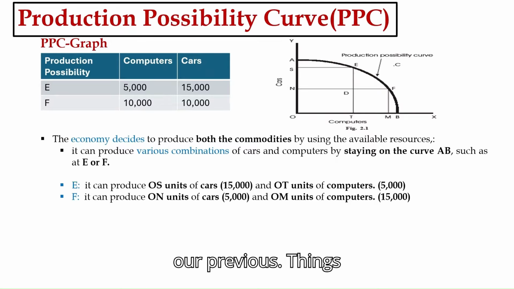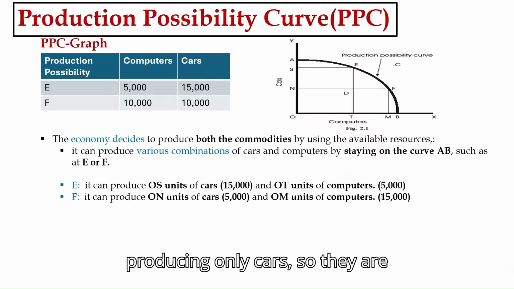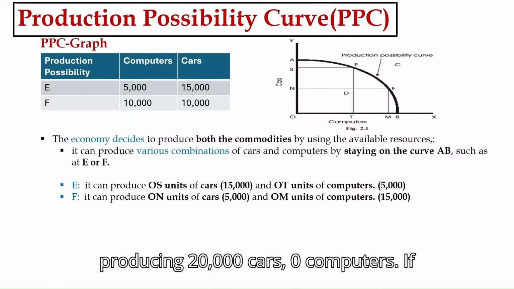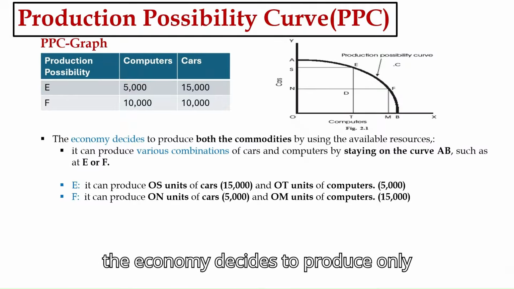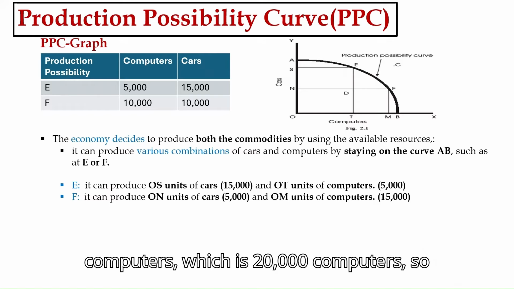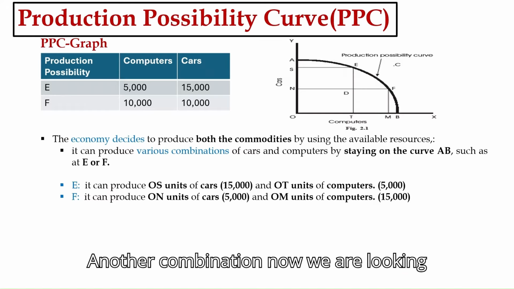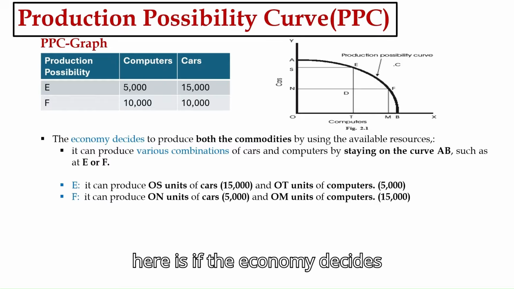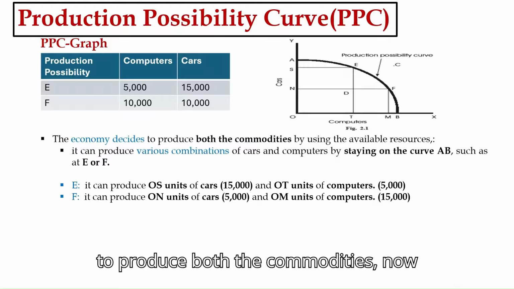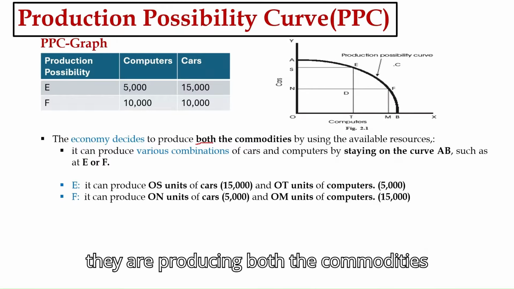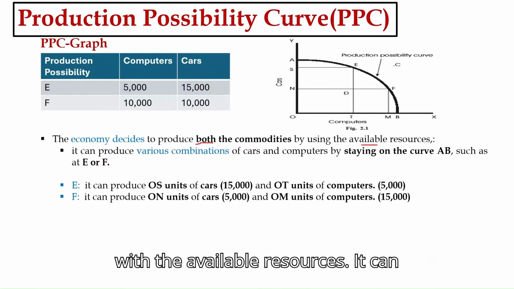Earlier in our previous discussion we saw, if the economy is producing only cars, they are producing 20,000 cars and 0 computers. If the economy decides to produce only computers, which is 20,000 computers, then 0 cars. Another combination we are looking at now is if the economy decides to produce both the commodities with the available resources.